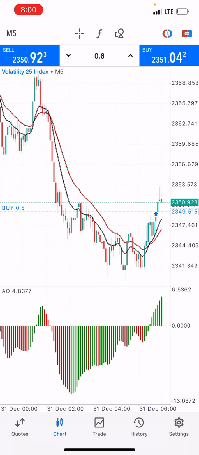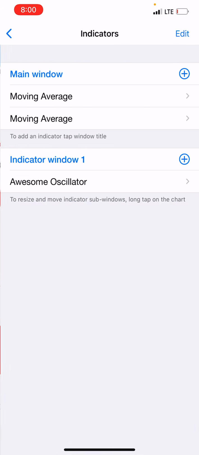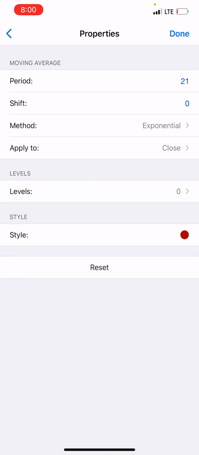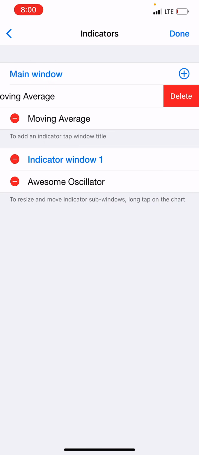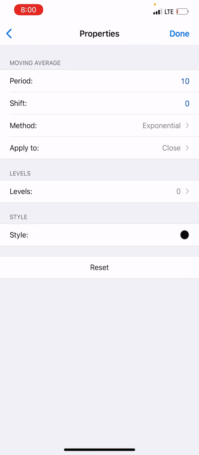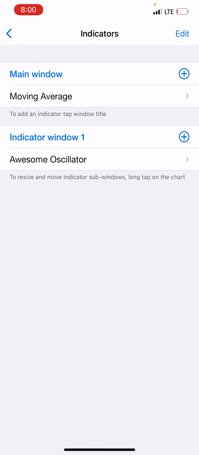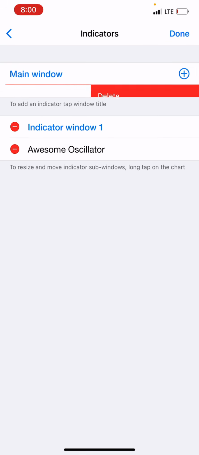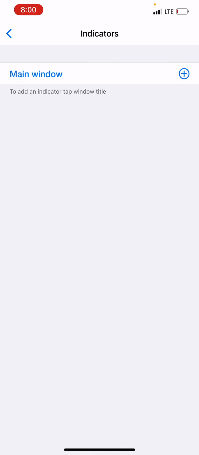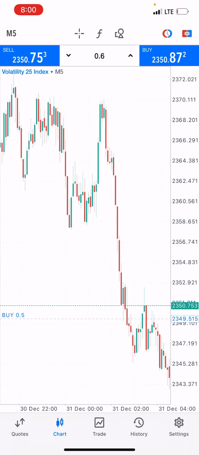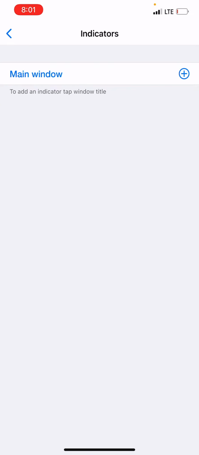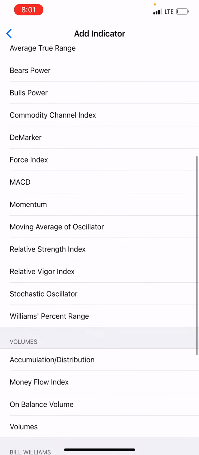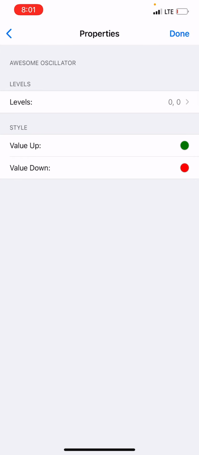So without wasting time, guys, let me go over how to use this strategy and set your indicators. So I'm gonna wipe this out. Okay, good. So guys, using the strategy for volatility index, the first indicator you get is the awesome oscillator.